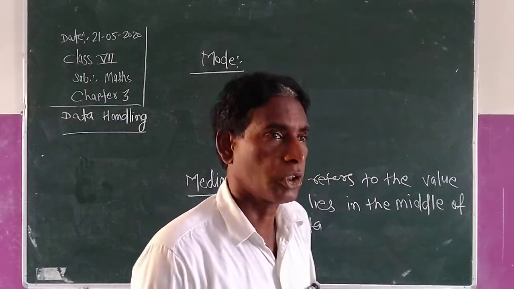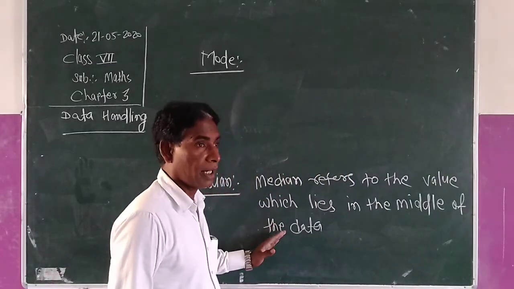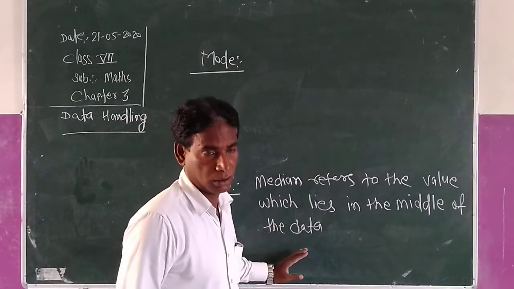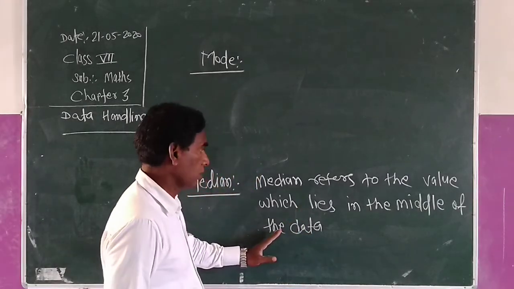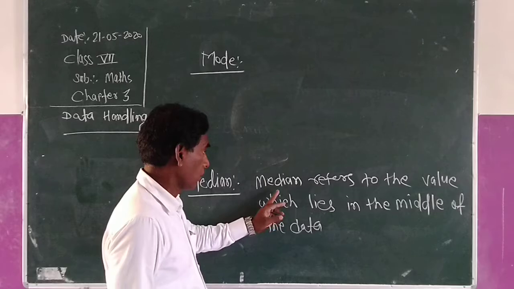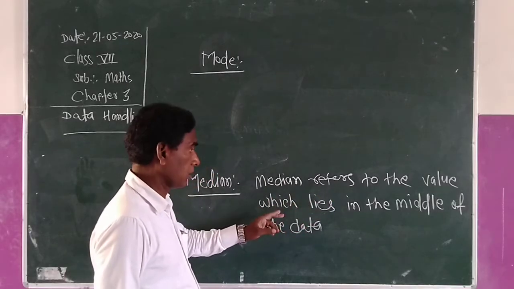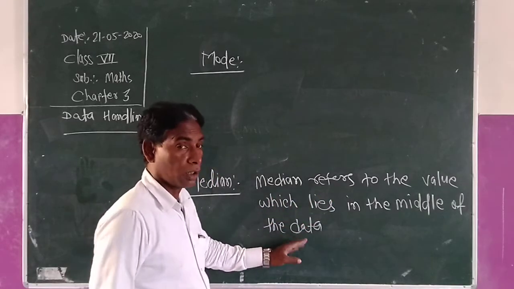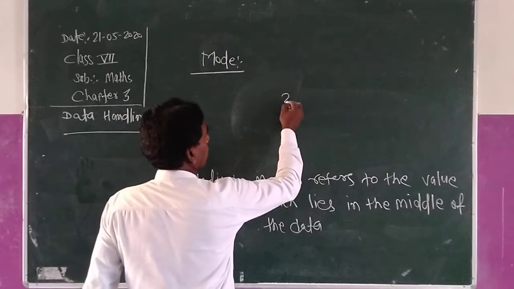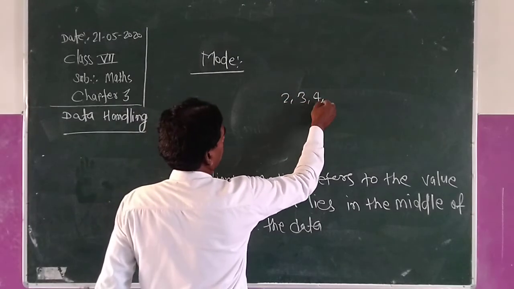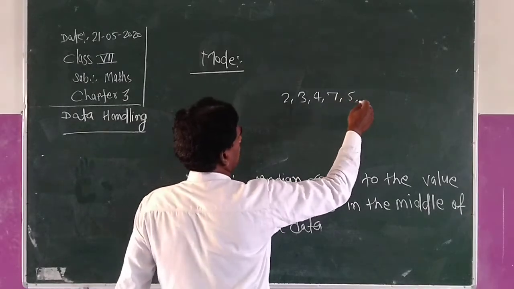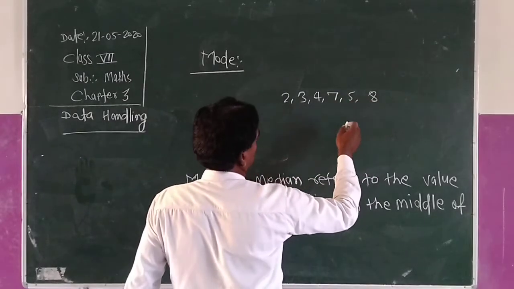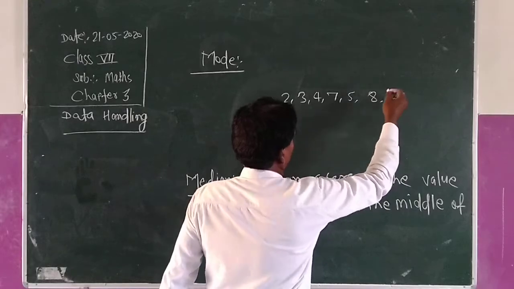But here, for the simple median, how do you find the median? Suppose you are given data: 2, 3, 4, 7, 5, 8, 9.